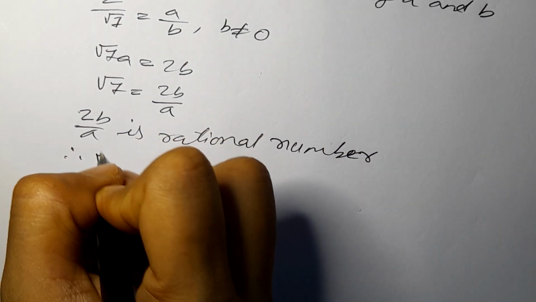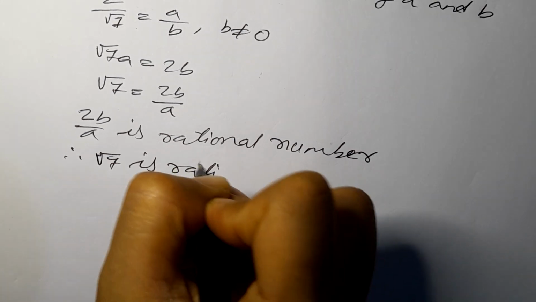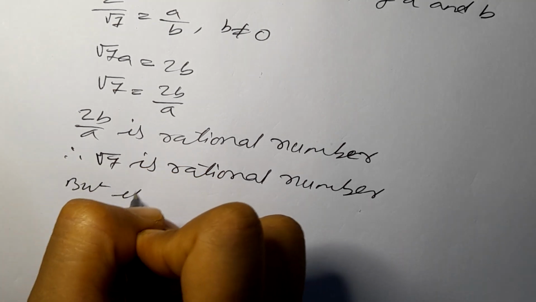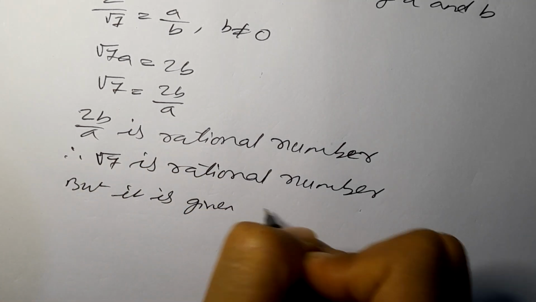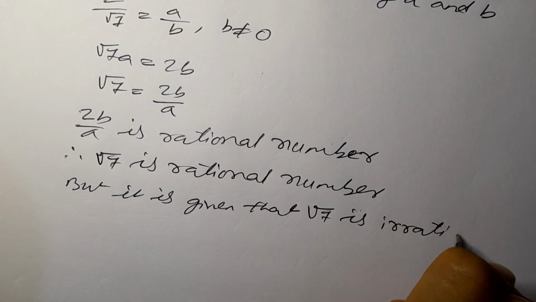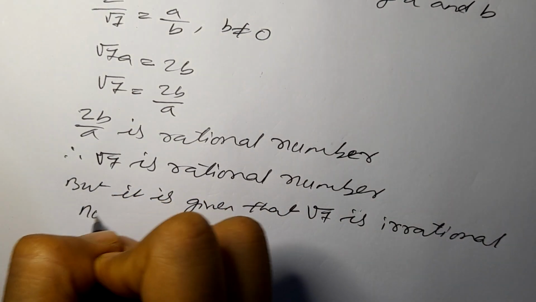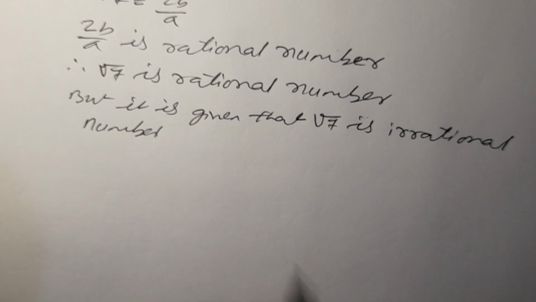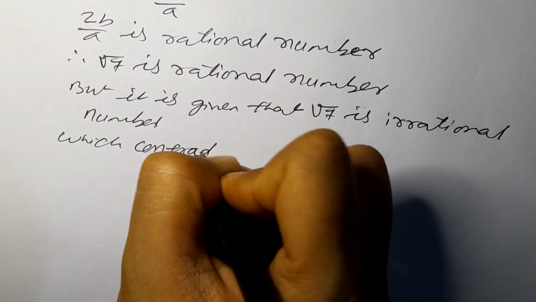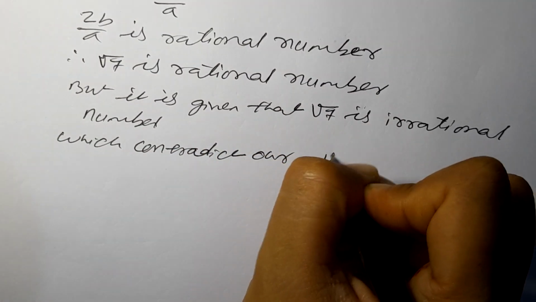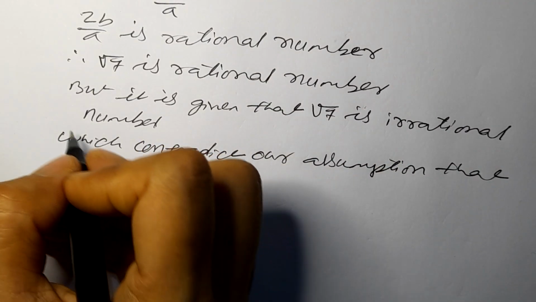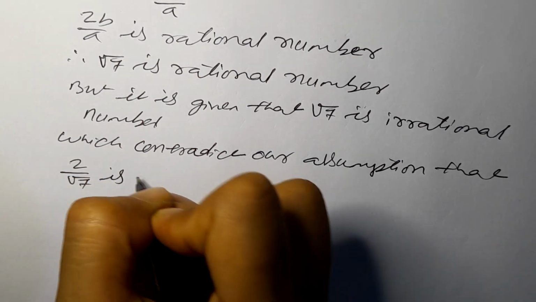Therefore root 7 is a rational number, but it is given that root 7 is an irrational number, which contradicts our assumption that 2 by root 7 is rational.